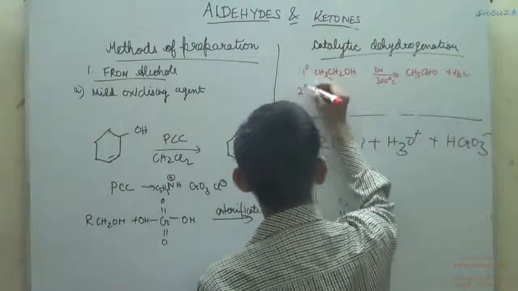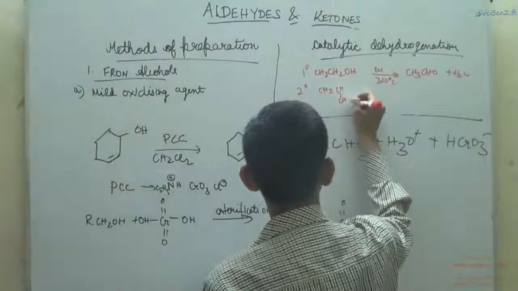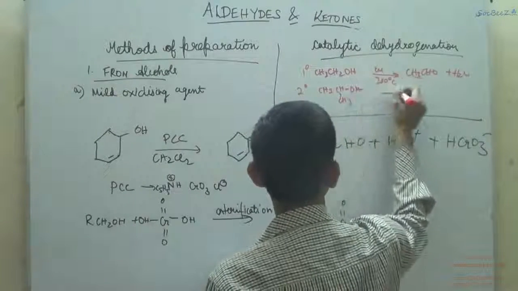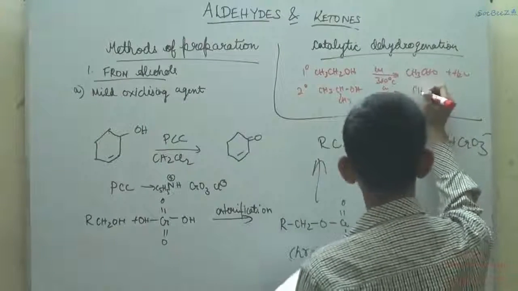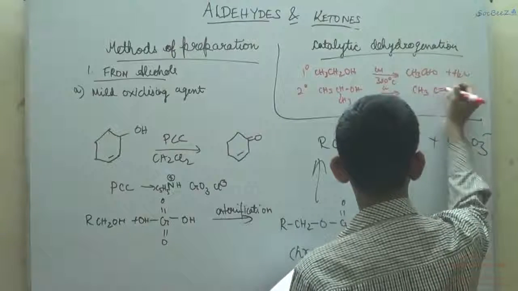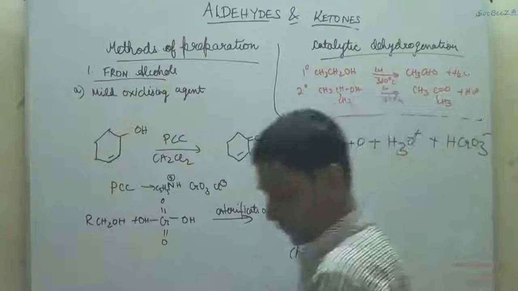If you use a secondary alcohol, let's say CH3CH(OH)CH3, in the presence of copper at 300 degrees Celsius, you get acetone plus a water molecule.